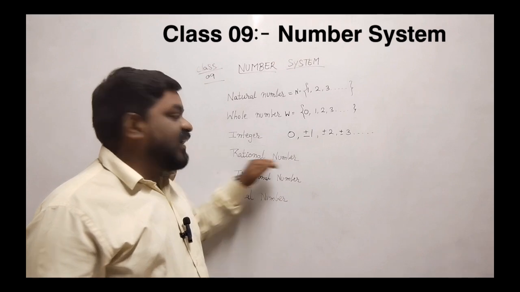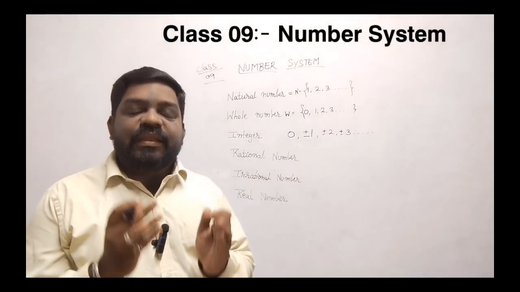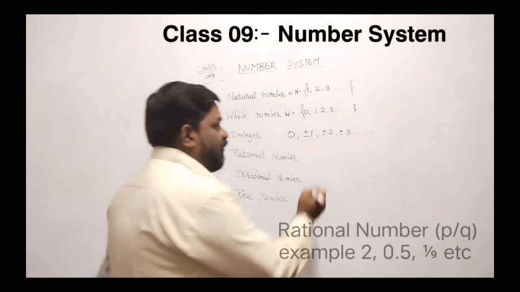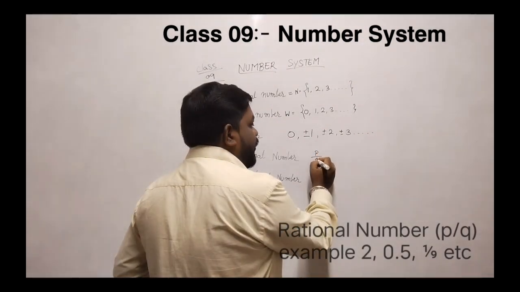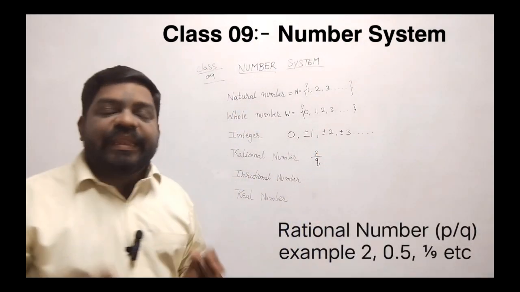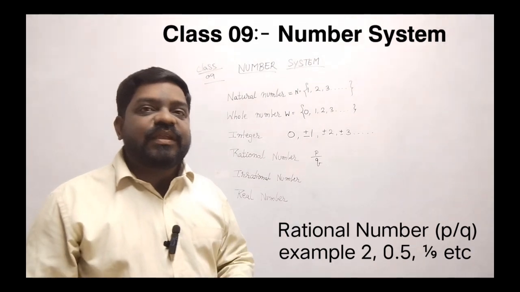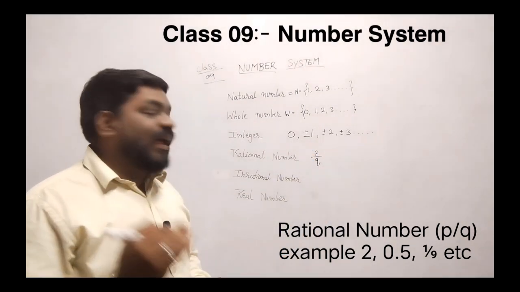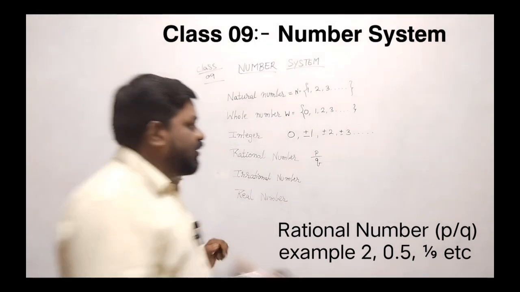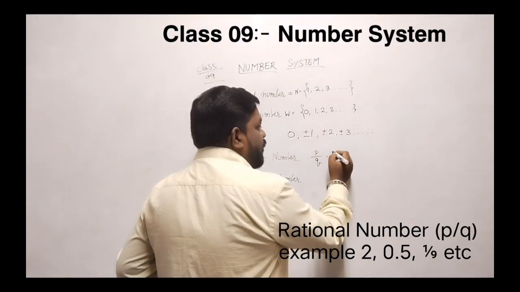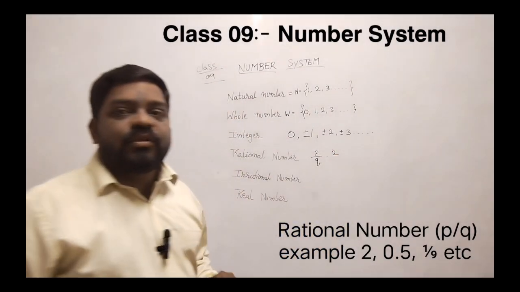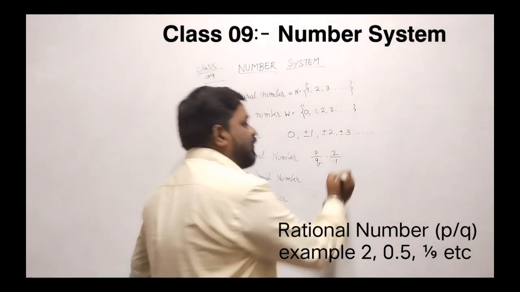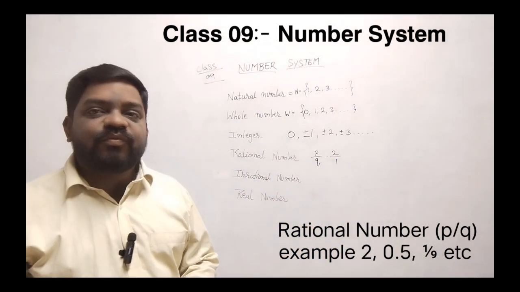Next, rational number. Any number that can be represented in the form of p by q, we call it a rational number. Say for example 2. In the denominator we don't have any number, which means we can write it as 2 by 1.